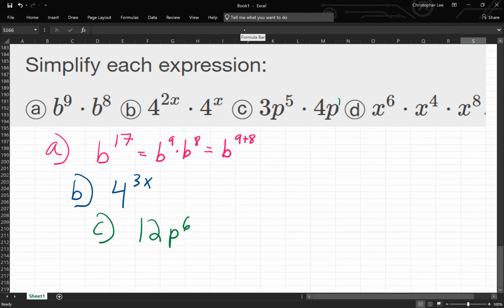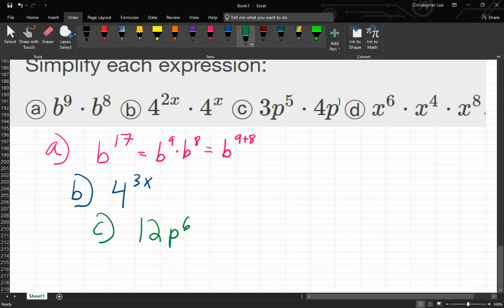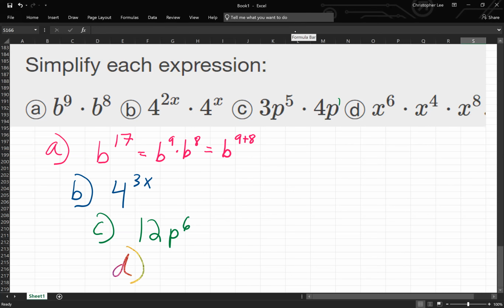So 5 plus 1 is 6. Let's go rainbow. D. Very good. Questions? So we're all good at adding?